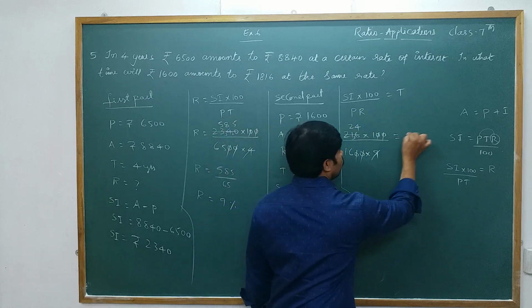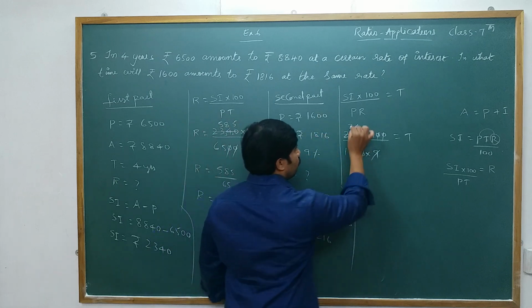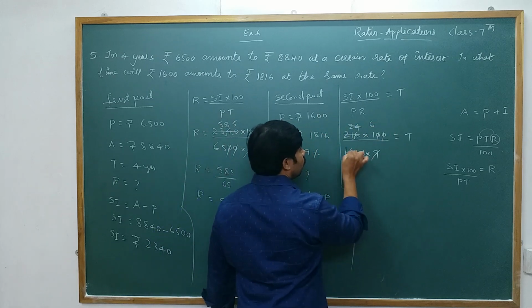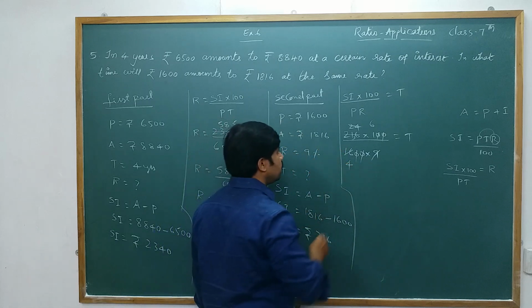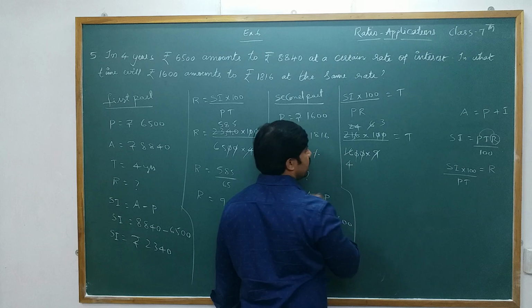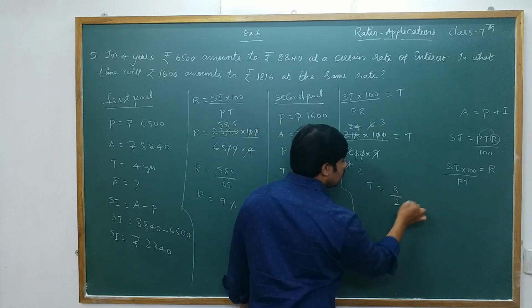Now we have 24 by 16. This also can be eliminated in the 4 table. 4 6s are 24, 4 4s are 16. Then 2 3s are 6, 2 2s are 4. So T is equal to 3 by 2.